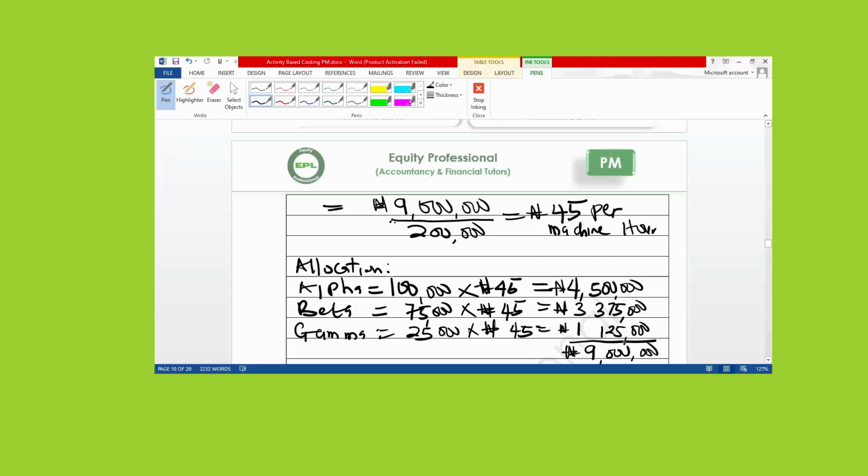You have allocated the 9 million to the various products: 4.5 million to alpha, 3,375,000 to beta, 1,125,000 to gamma, on the basis of machine hour.